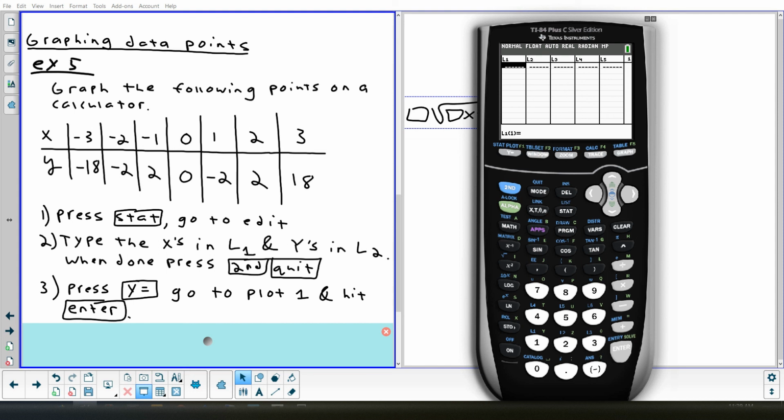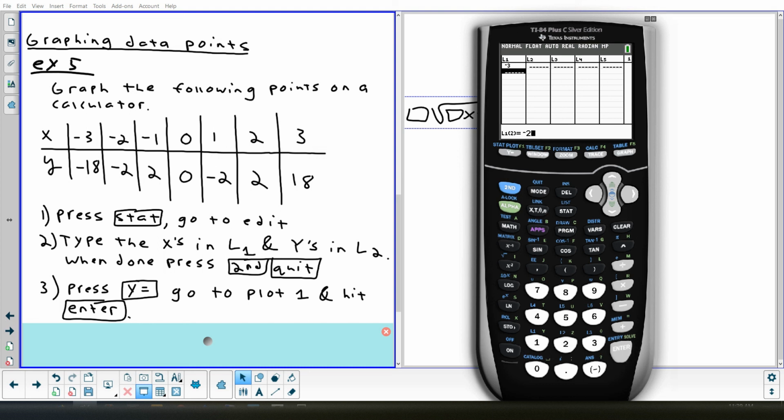But just don't highlight. Now I'm on L1. If I press delete, I'm going to mess up my calculator. Okay, I'm going to have to reset it to get it back. So make sure you are highlighted right where I am. And type all your x's in L1. Negative 3, I might not do them all.